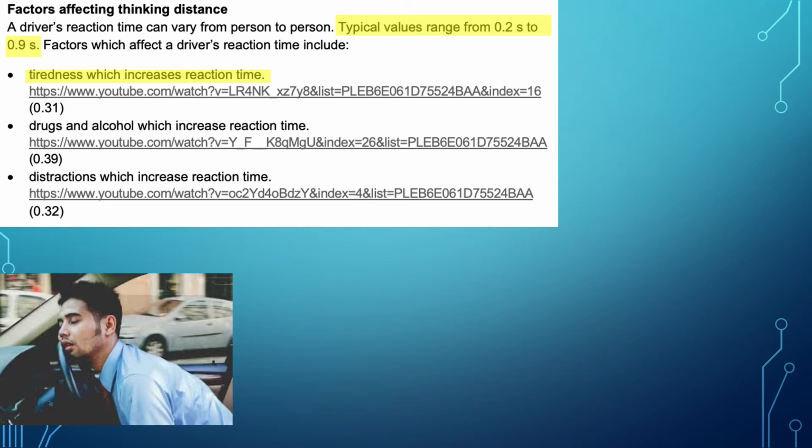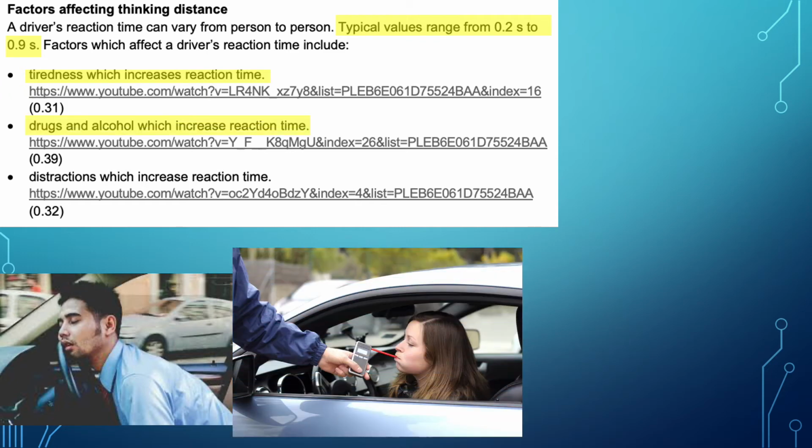The second factor is drugs and alcohol, which increase reaction time. Okay, and this should come as no surprise. You should never, never drive under the influence of drugs or alcohol because both of those things will affect how your brain works. And so most drugs and alcohols are inhibitors. And if you're interested in the psychology of things, basically, whenever your brain wants to do something to your muscles, it has to send signals, okay, to your muscles.